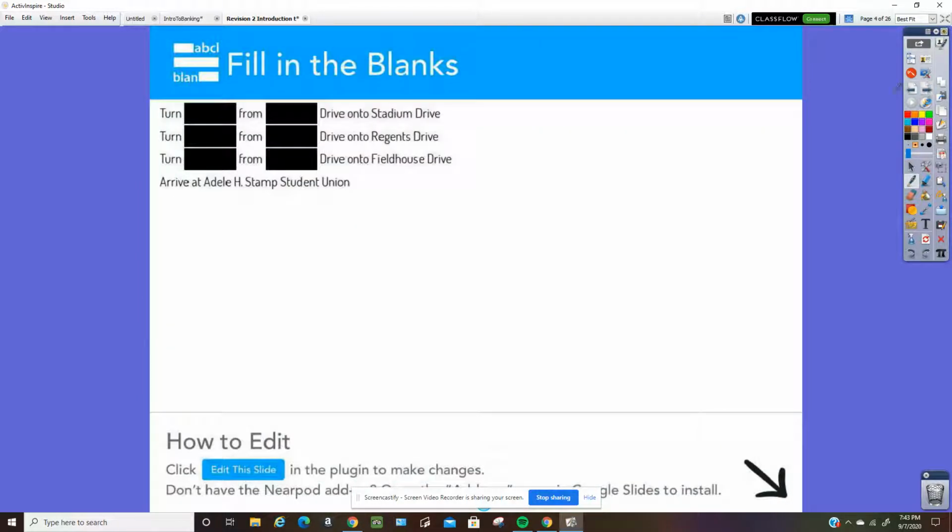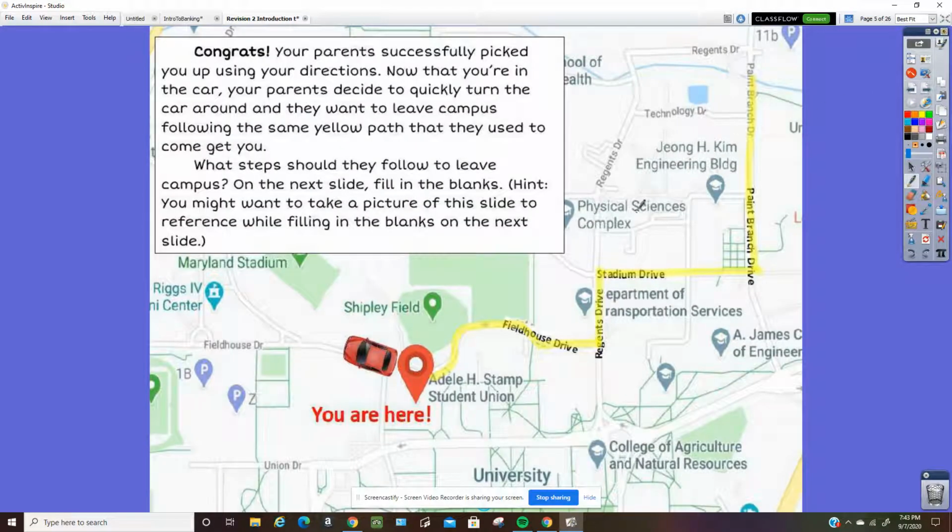And on the next slide, you had to drag rights and lefts into these blank spaces here, as a fill in the blank Nearpod slide. So once you got there, then you want to go back, leave campus from the student unit building. So you turn around, have the student unit building on your right, go down to Fieldhouse Drive and get to Regents Drive here.